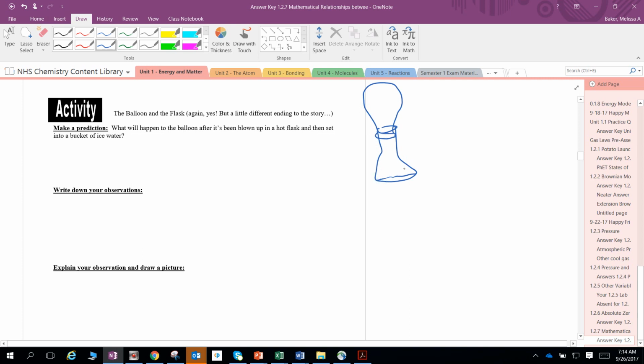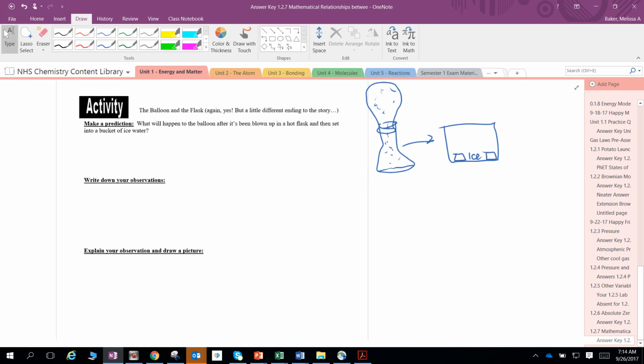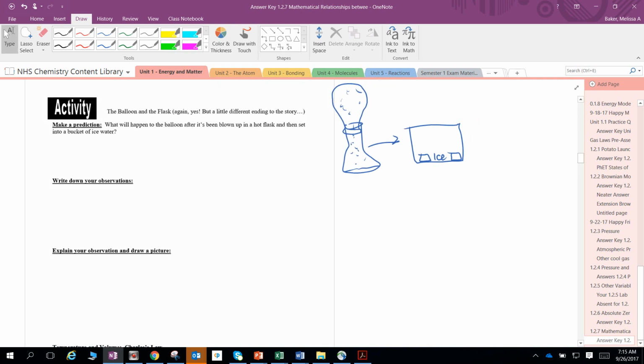It's got just a little bit of water to make sure we don't break the glass, but these are really hot particles. And then what's going to happen when you put this into a bucket of ice cubes? And then watch that video so you can see what happened. And then let's talk about it.